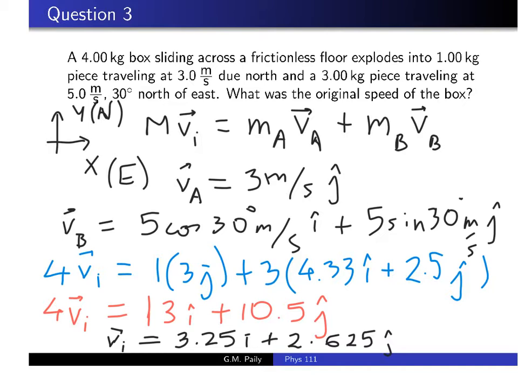We are asked for the original speed, so now we can take the magnitude of this velocity, and that will be our answer. Notice how all we used was momentum conservation, and keeping in mind that velocity and momentum are both vectors.